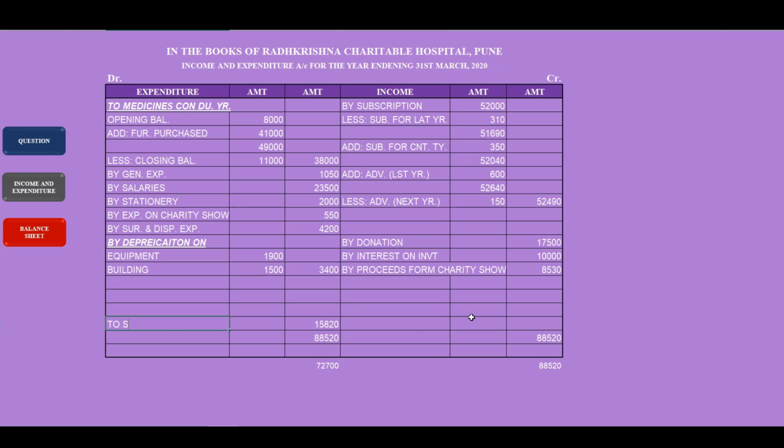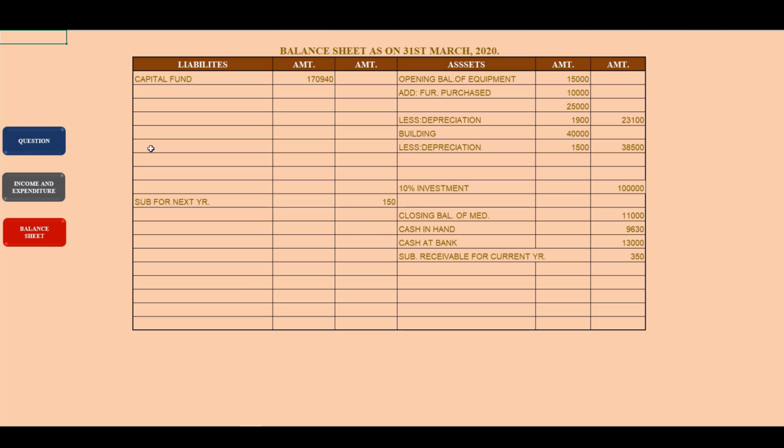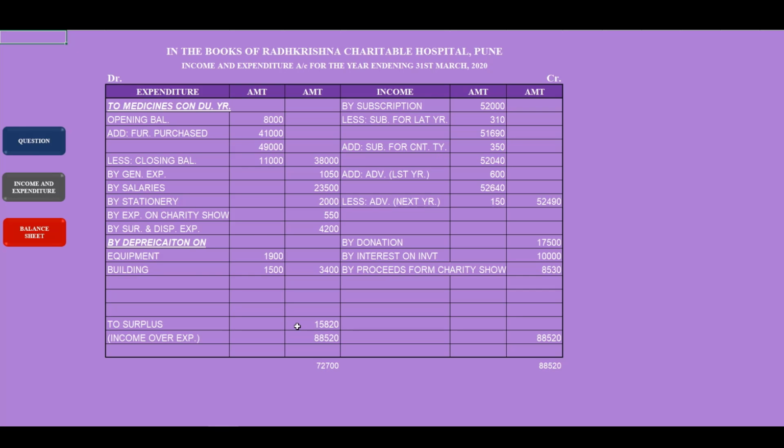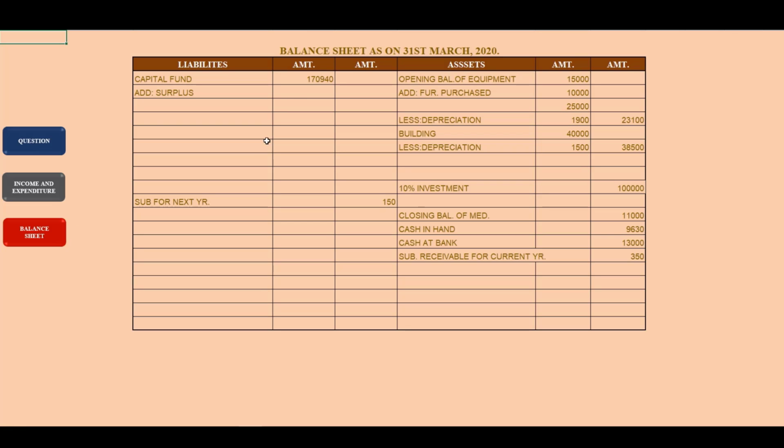This is surplus, and here I will be writing income over expenditure. 15,820 will go to balance sheet, capital fund. Add surplus 15,820.